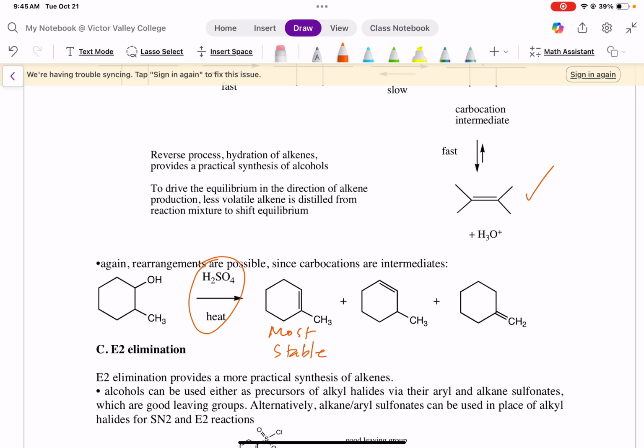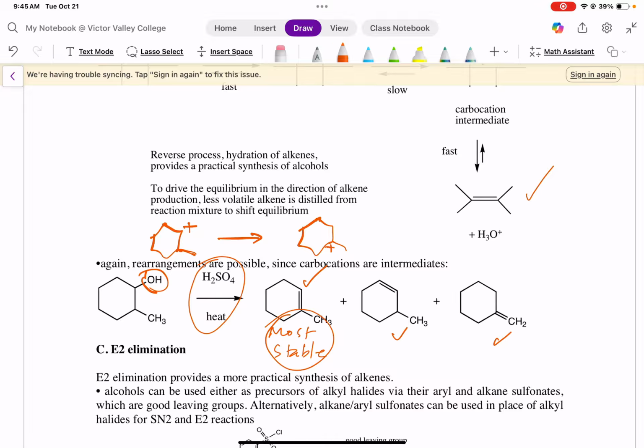Okay, and then we also have other products as well. That would be the most stable product. All right, this one has a bit of rearrangement going on here because the OH picks up the hydrogen and then takes off, and then it forms a cation, and that's a secondary cation which rearranges into a tertiary cation.